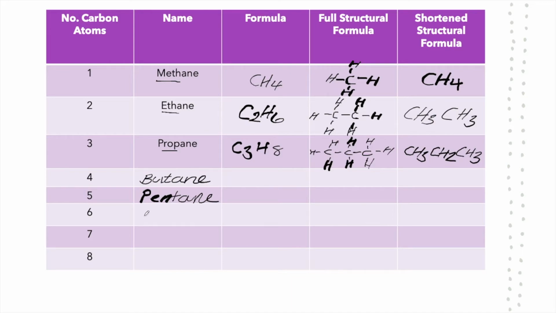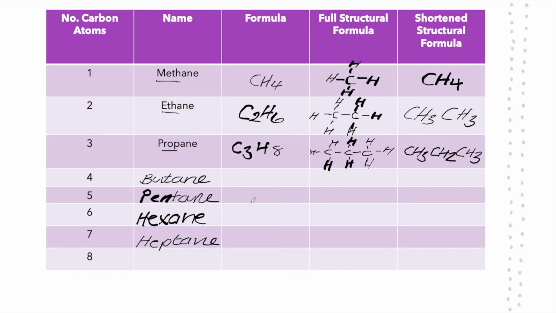A 6-sided shape is a hexagon, and the alkane with 6 carbons is hexane. Heptagons have 7 sides, and heptane has 7 carbons.